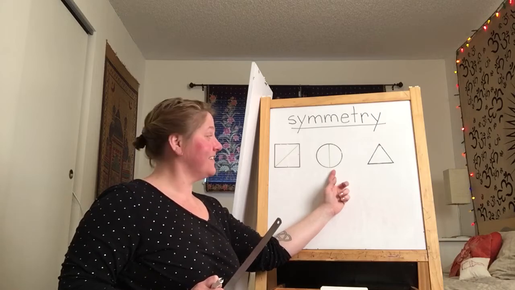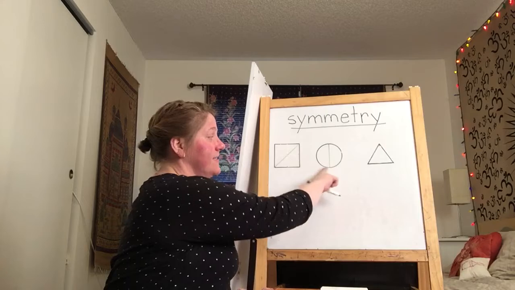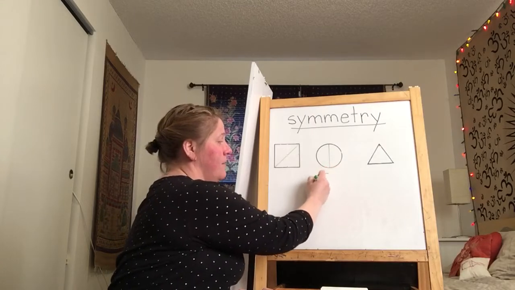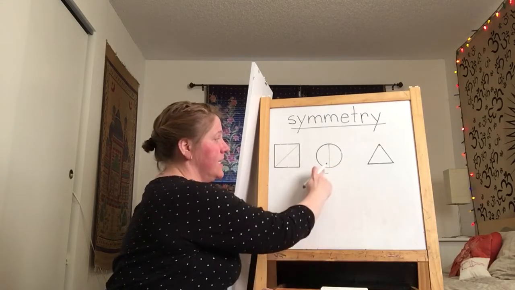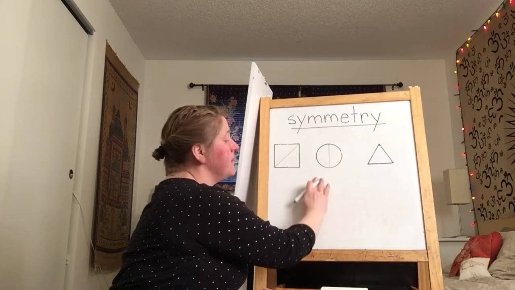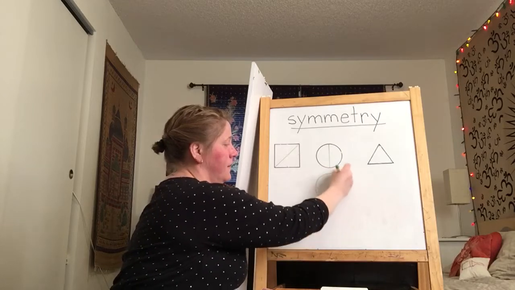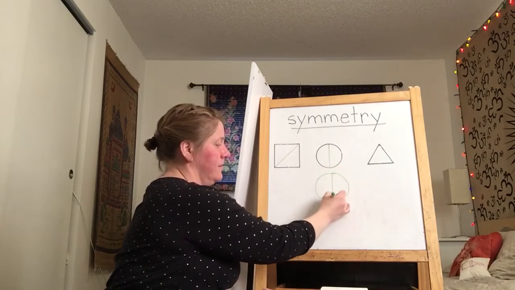It is. Now, it's not exactly the same, because if it were exactly the same, it would come out like this too, and then these are exactly the same. But instead, it's a mirror image. That means it's as if I folded it in half. You see?